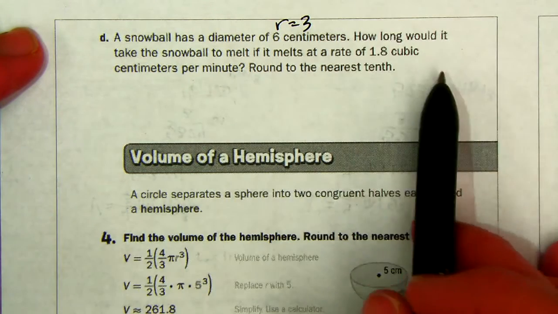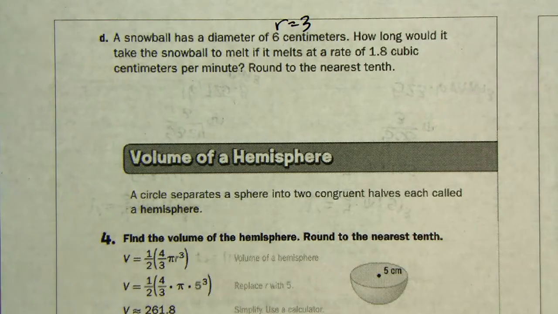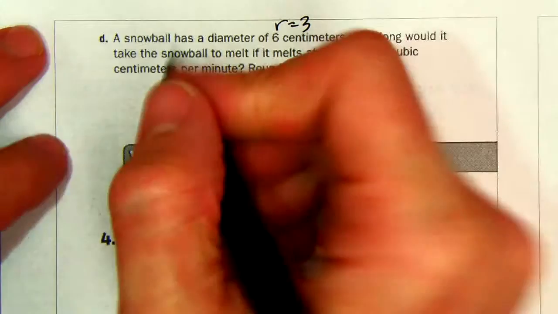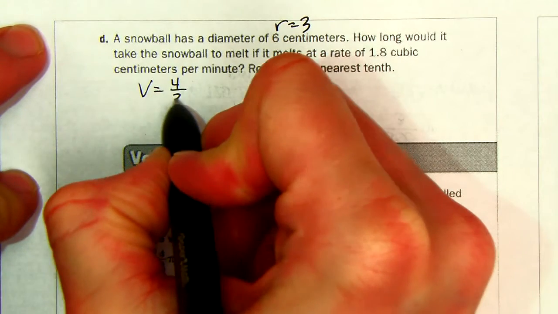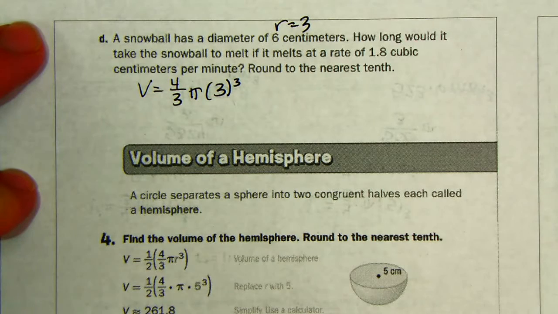So my volume is 4/3 pi times 3 cubed. Okay, so 3 cubed times 4/3 times pi gives me a volume of approximately 113.1 cubic centimeters.